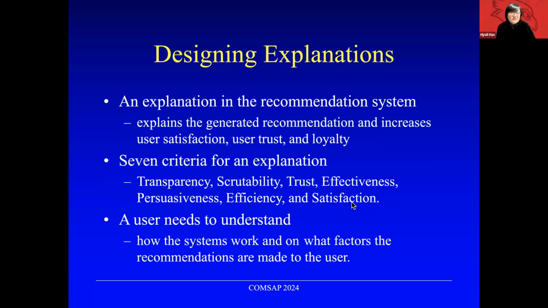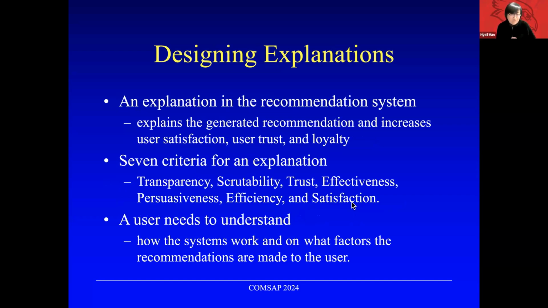Designing explanations: an explanation in the recommendation system explains the generated recommendation and also increases user satisfaction, trust, and loyalty. There are seven criteria for the explanation: transparency, scrutability, trust, effectiveness, persuasiveness, efficiency, and satisfaction.